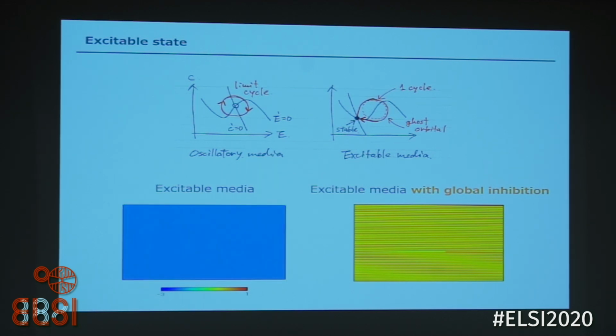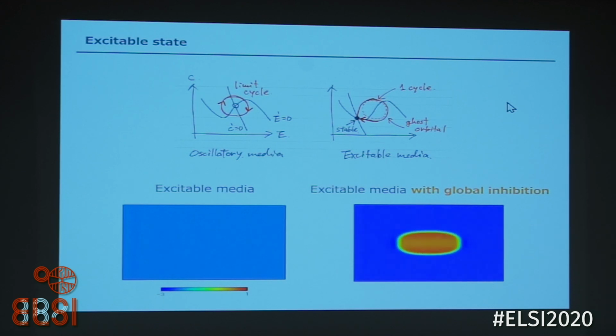But interesting phenomena can appear when global suppression is applied to this excitable medium. In such a case, the case with global inhibition, an isolated reactive spot appears and it never disappears. And depending on the degree of the global suppression, in some cases, this active spot can be fixed at a certain position of the reaction plane.